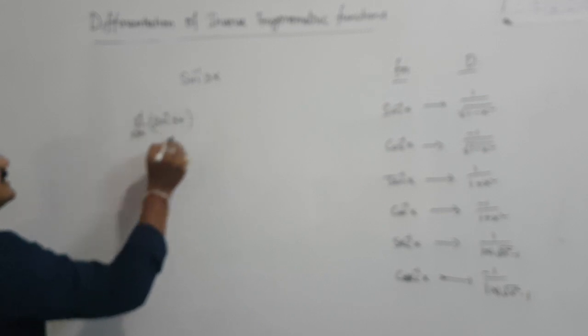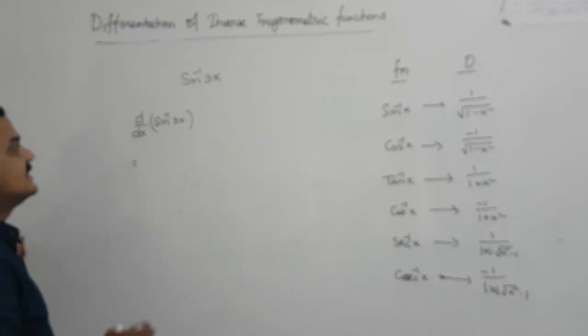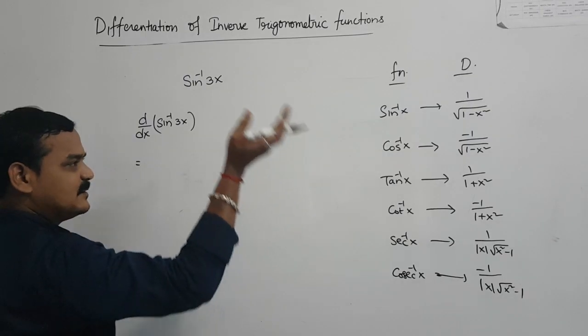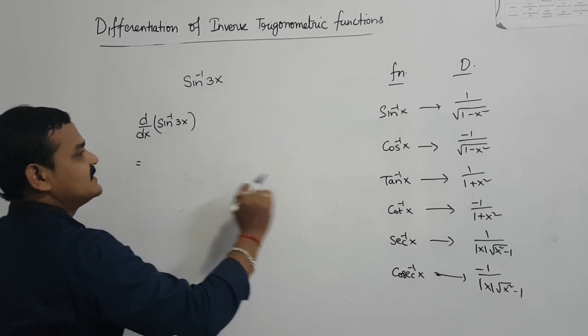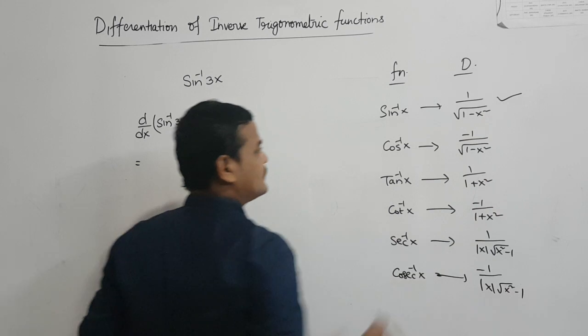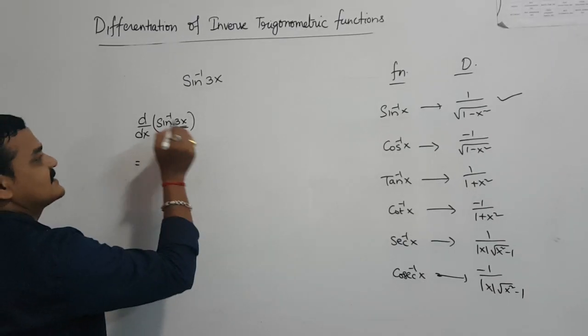Now d by dx of sin inverse of 3x. How can you do that? First of all, it looks like a sin inverse of x model. The derivative of sin inverse x is 1 by root over 1 minus x square. But in place of x there is 3x.